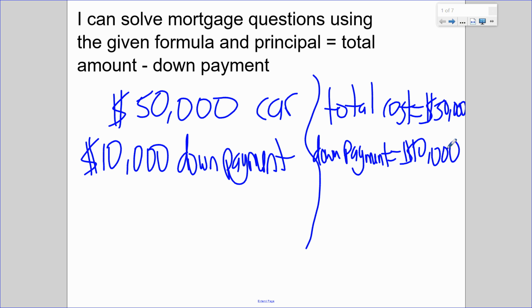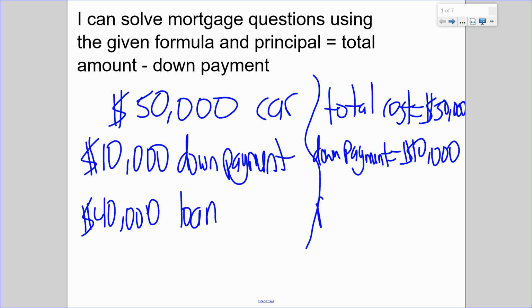Well, I think it's pretty much common sense. If I need to pay $50,000 and I only have $10,000, then what I need is going to be 50,000 minus 10,000, which is 40,000. And what that's called is the principal. So it's a $40,000 loan.